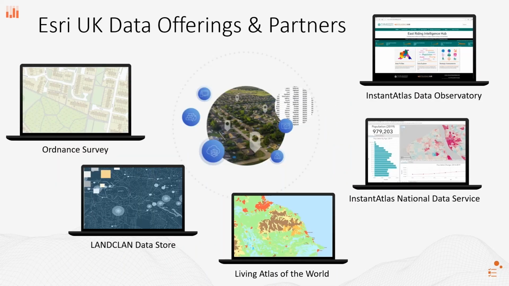And core to Esri's offering is the data that sits behind the system. Esri UK has some great partners in the data space, providing detailed and authoritative geographical data. These include the Ordnance Survey, providing their authoritative and detailed master map and address-based data, Blue Sky and their detailed imagery and derived products such as the National Tree Map and digital surface models, and LandCloud, which is a vast data store of useful data including environmental constraints, planning information, and property information such as valuation data.